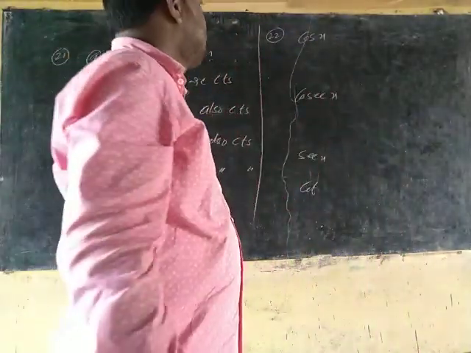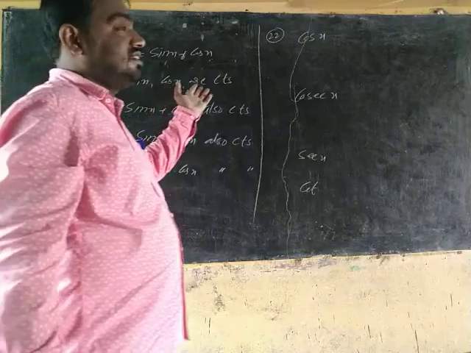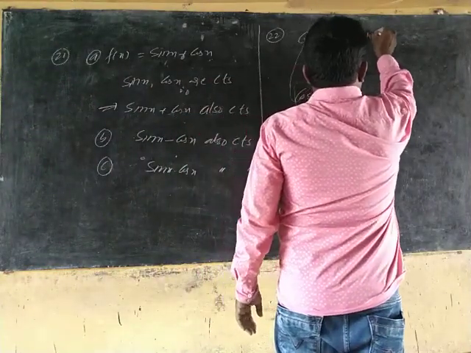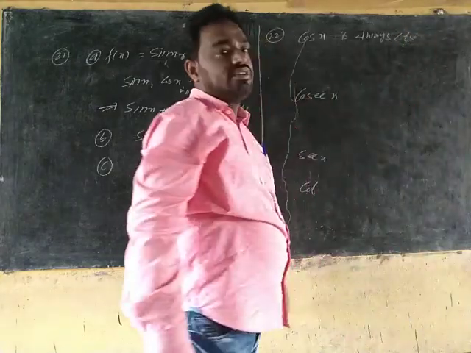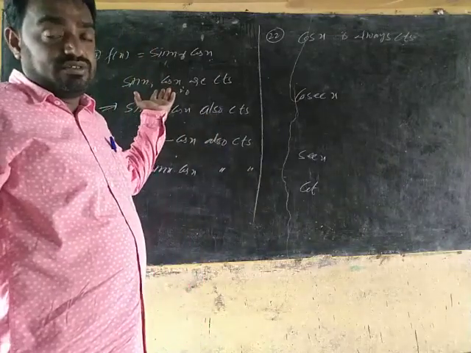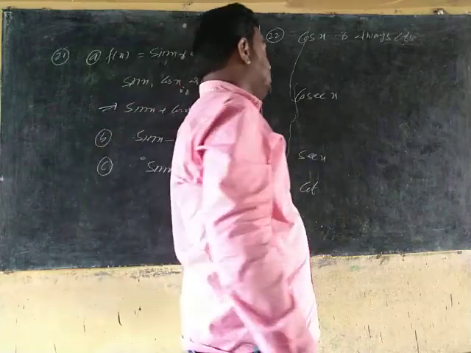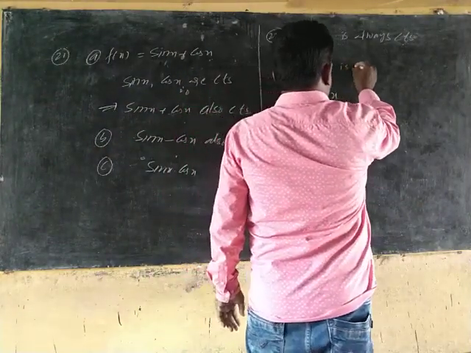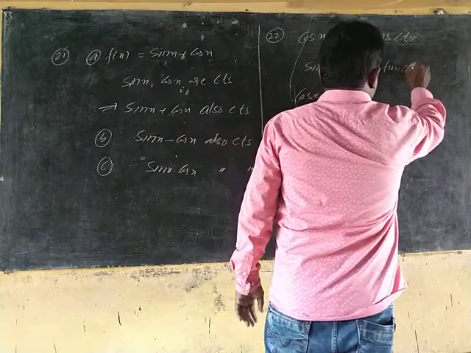Cos x, as I already told, is always a continuous function. If you want to draw it, you draw the graph like this. So cos x is always a continuous function. And sin x is also a continuous function.